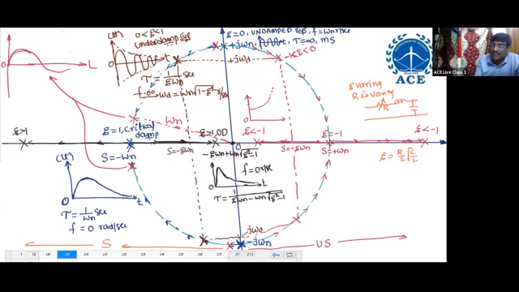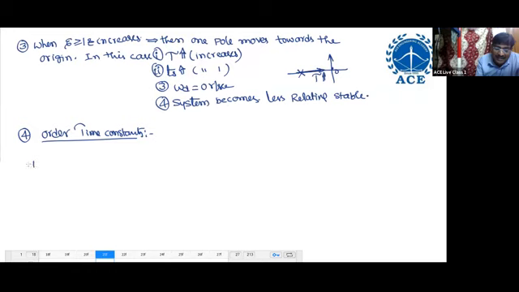Next, the overdamped system, whose time constant is very, very large. Next, underdamped. Next, critically damped. So the highest time constant is tau of the undamped system. What is the time constant for undamped? Infinity.